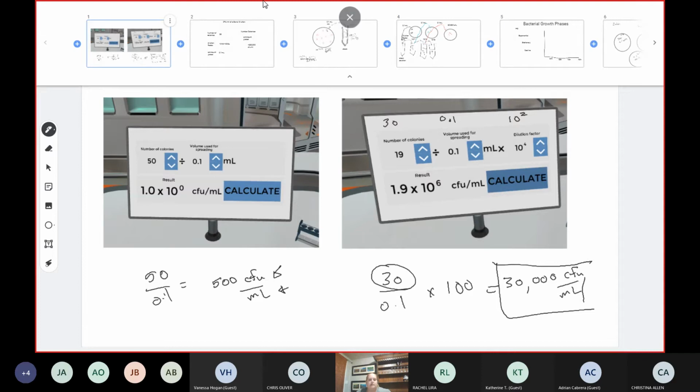Great. So if you go back to those documents, they talk about serial dilutions in a kind of strange way. It's worth reading through and worth understanding, but this is really what you need to understand to do these calculations with bacterial plates.